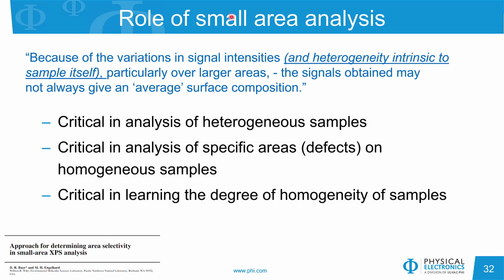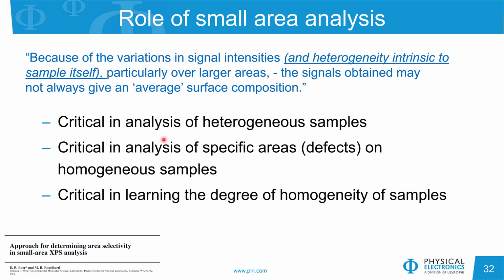So coming back to the quote, we have looked at why do we need to use small area analysis. That a lot of the times, due to variation, the signal that we obtained from large area is not average surface composition. So small area analysis, of course, is critical when we have heterogeneous samples. That's the only way to analyze them.